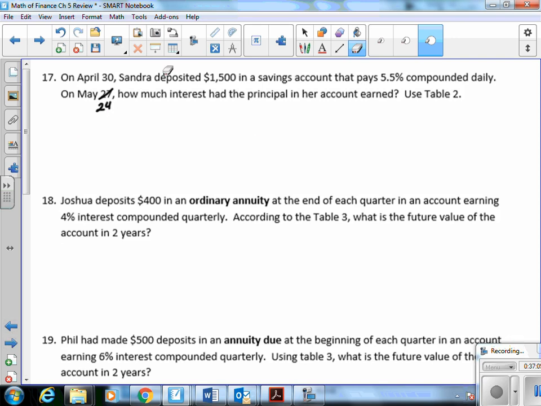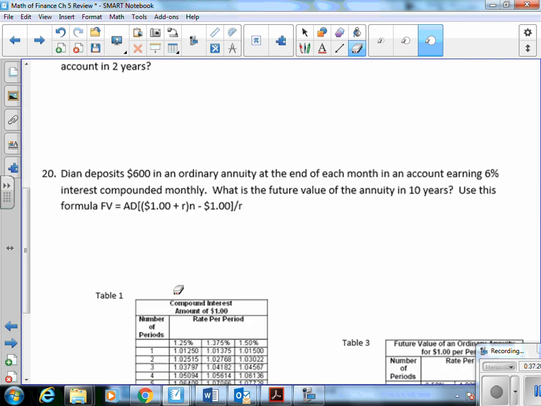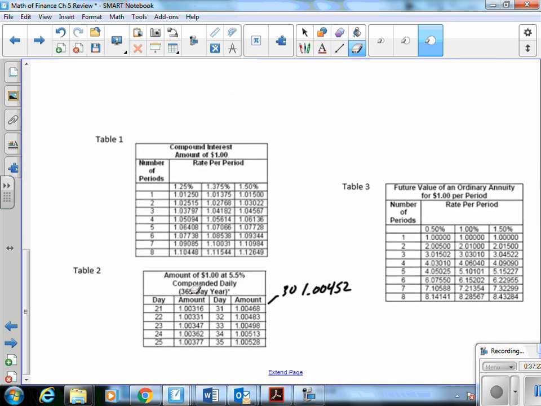So, April 30th to May 24th is 24 days compounded daily. We come to the table, and for 5.5% and 24 days, it's 1.00362.